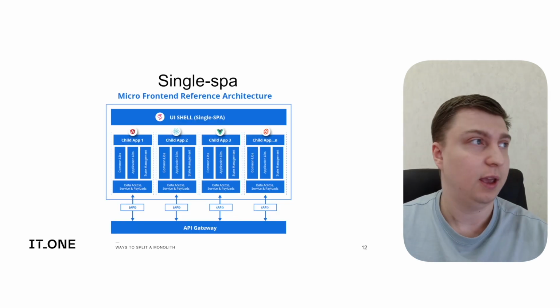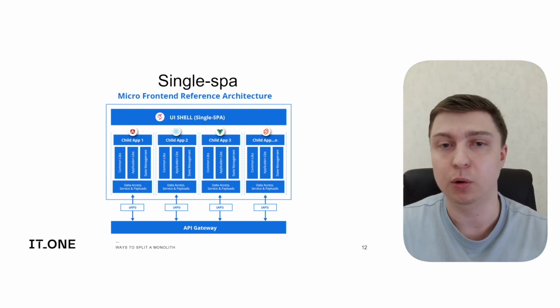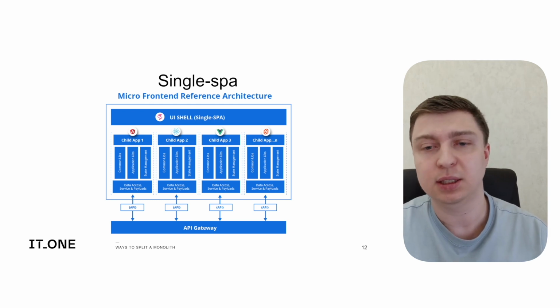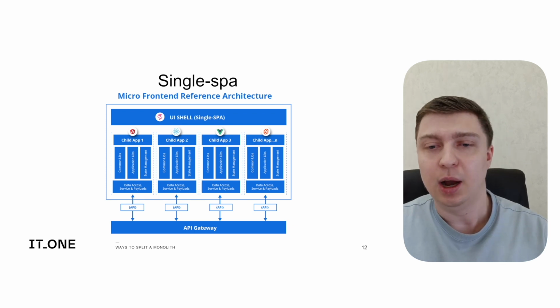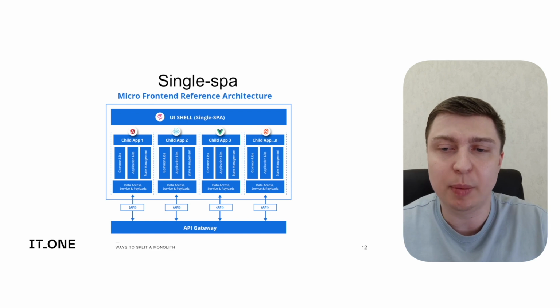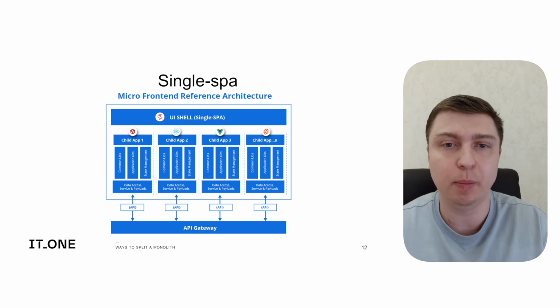And the fifth way to split your monolith is using single-spa. This method has peculiarities. It is a container within which we register applications and can use them as separate independent applications within a single page.